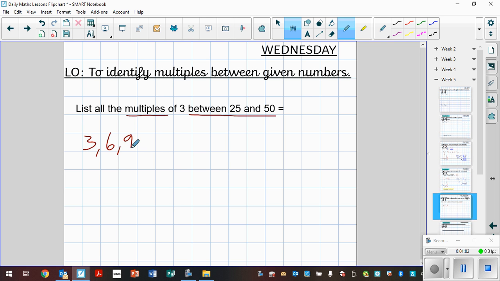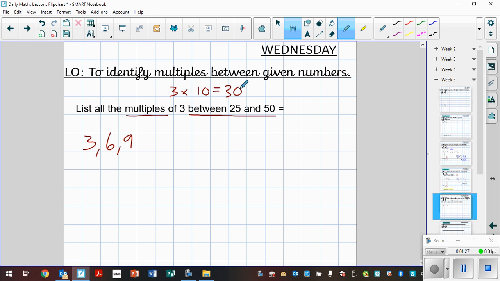Now you could start at 3 and work all the way until you get past 50, but that's a lot of work to do. So I'm just wondering if you could use your multiple facts to think about what number closest to 25 you could start on. And if I multiply 3 by 10, that would get me 30.